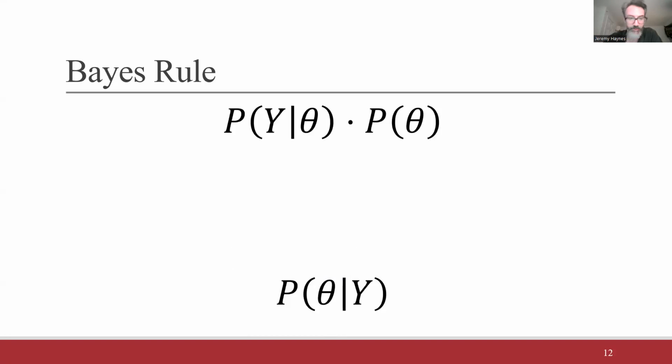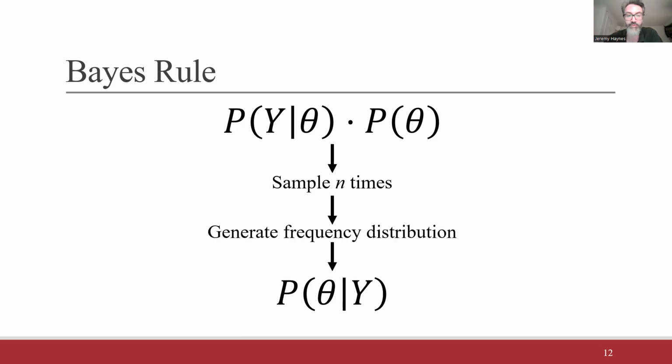So this is the problem we've set up. We have our joint distribution at the top, and we need to get to our posterior distribution. And remember, the posterior distribution is proportional to that joint distribution. Because it's proportional, one thing that we can do is that we can sample from the joint distribution some pre-specified number of times, and this allows us to generate a frequency distribution.